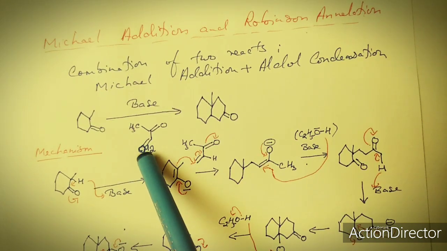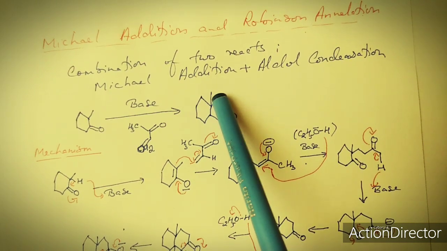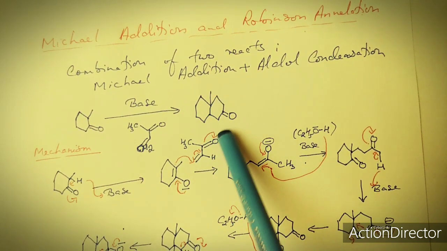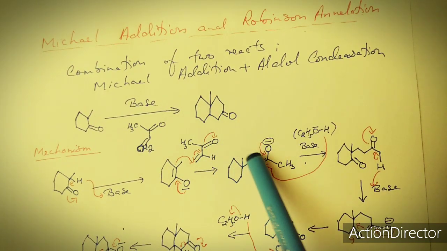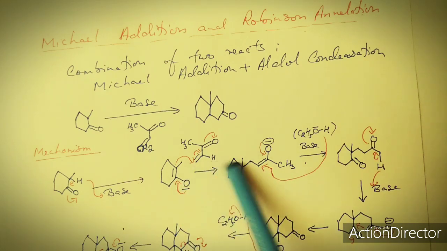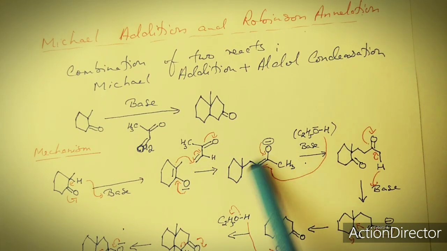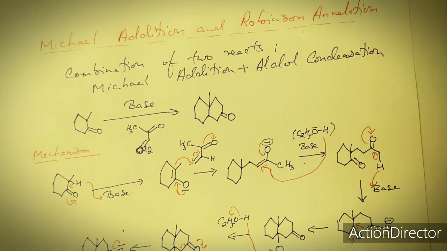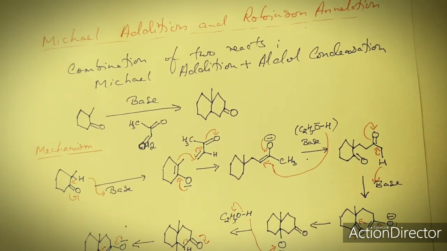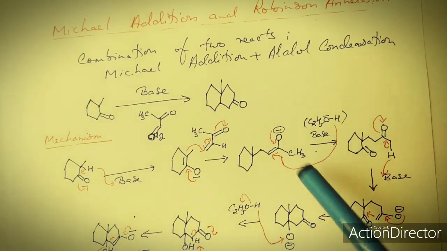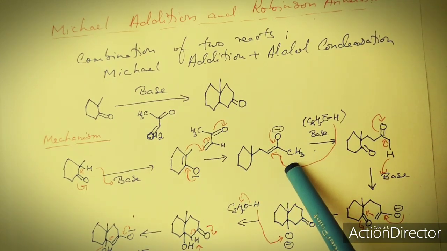So this CH2 is added here to this carbon negative, and once this has been formed, then this is the mechanism as is shown here. Then what will happen in the presence of a base? First, like an acid workup, we will get a Michael product, but which has an activated CH3.